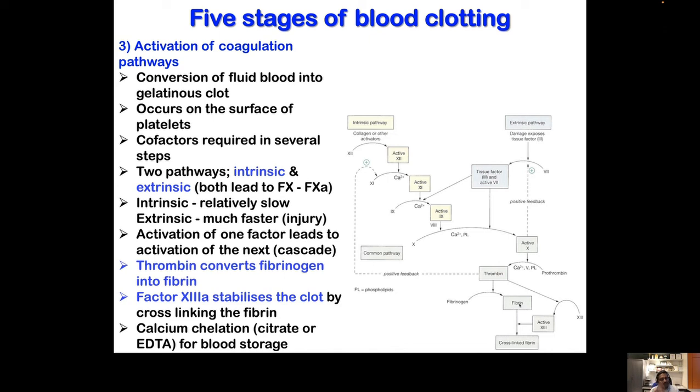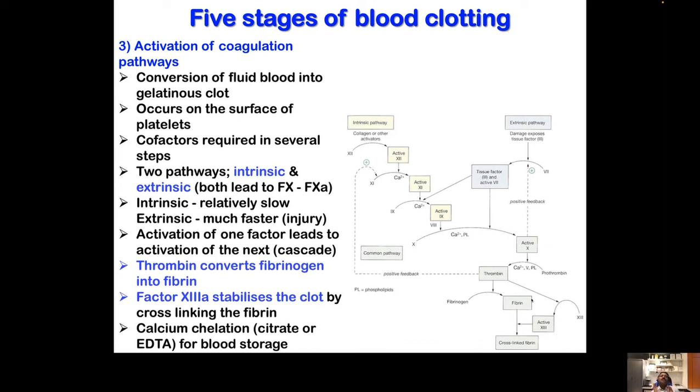So it's really important to stabilize it. That's where the active form of factor 13 comes in. This factor will come and cross-link all the fibrinopeptide. When it's cross-linking the fibrinopeptide, the clot is completely stabilized. So that's when the clot is really jelly-like and thick, sealing the area, and therefore blood will not leak.